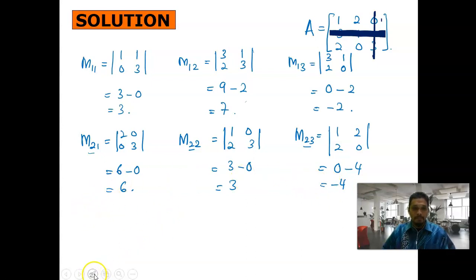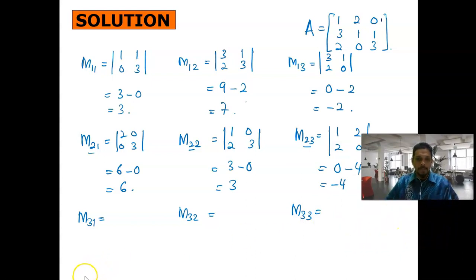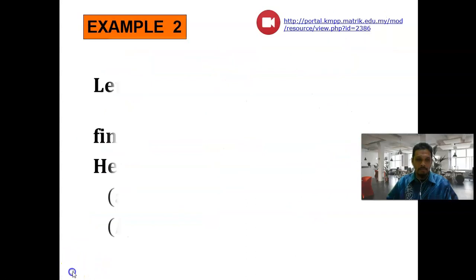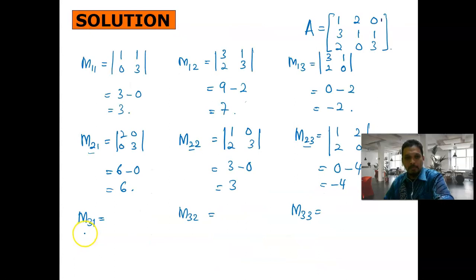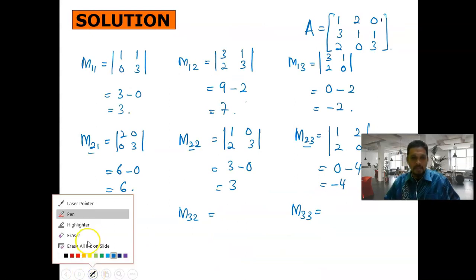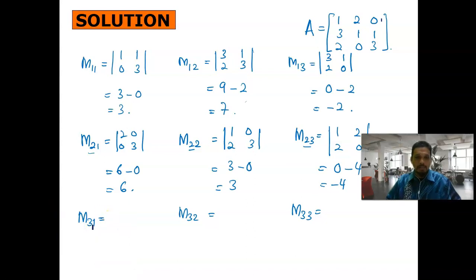Then we go to the minor of 3,1, minor of 3,2, and minor of 3,3, all with row 3.